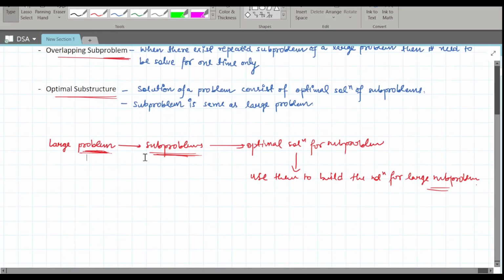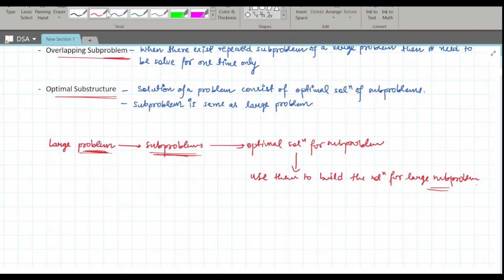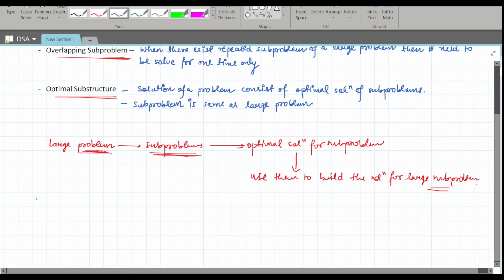When I discuss the example, you will definitely understand the properties. So let's discuss the properties one by one.